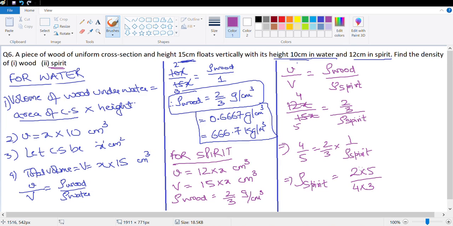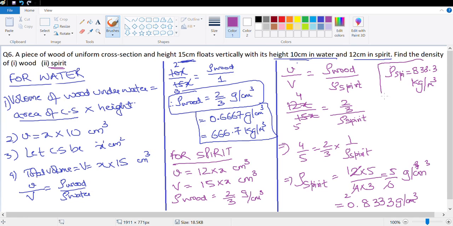So this is 2 into 1, 2 into 2, that's 5 upon 6 gram per centimeter cube. 5 upon 6 would mean 0.8333 gram per centimeter cube. If you want to write the answer in kilogram per meter cube, then density of spirit would be equal to 833.3 kg per meter cube.